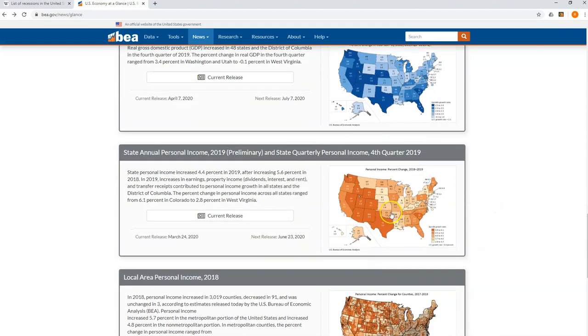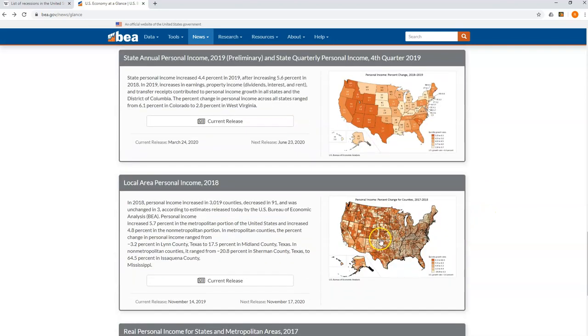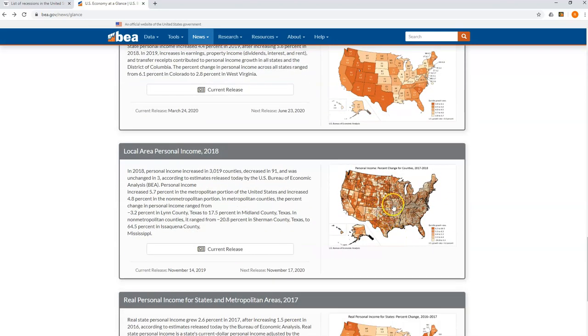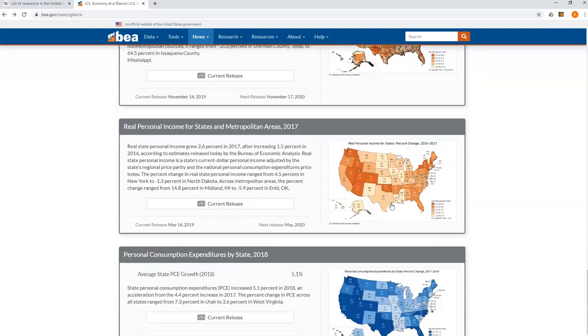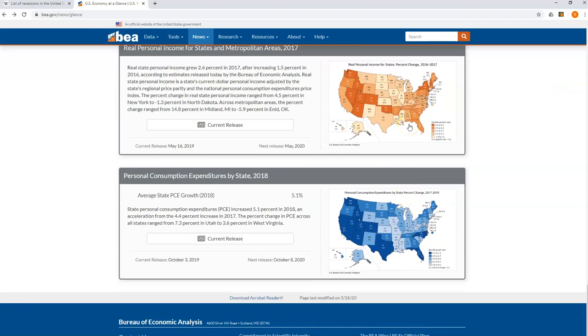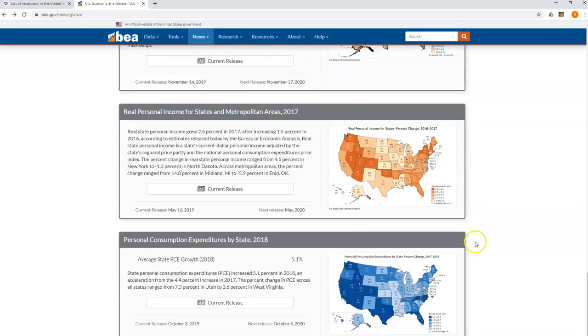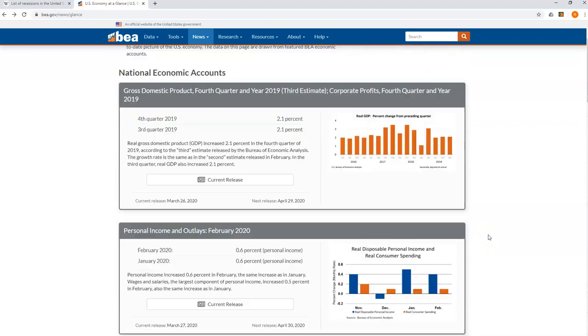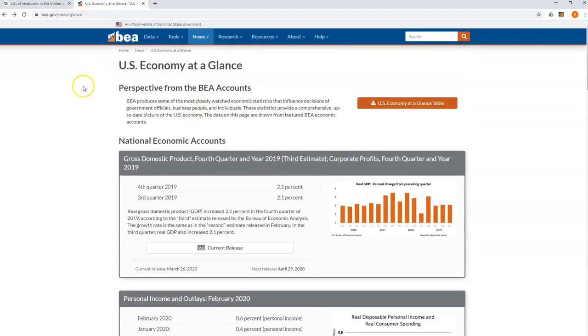They also have income growth per state, income growth per county, income growth by metropolitan areas, and consumption expenditures numbers. All right. Again, the agency in charge of this is called the Bureau of Economic Analysis.